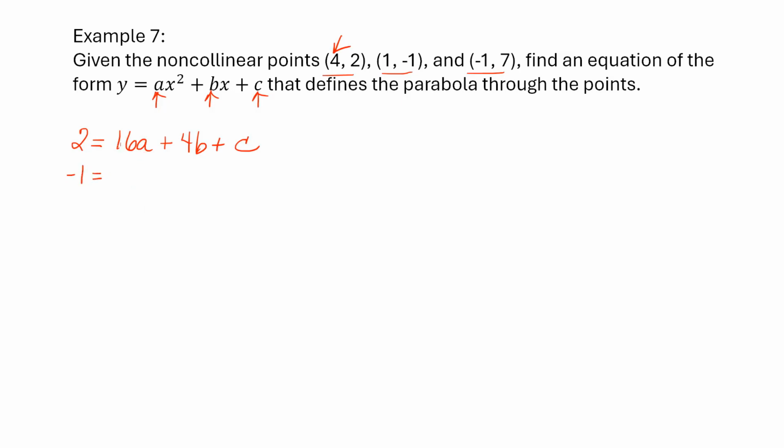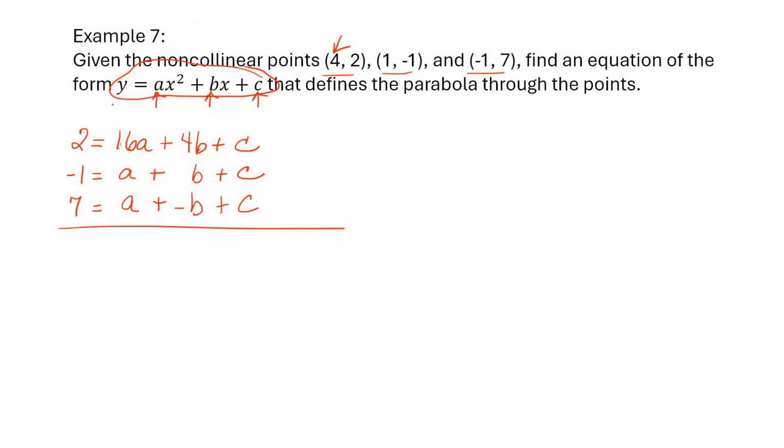X is 1, so we have 1a plus 1b, and c is just c. All right, now we're going to put in the third point, (-1, 7). So y is 7 for that point. And we have negative 1 for our x, so negative 1 squared is 1, so we just have a again. And then -1 is x, so we have minus b here, and c is just c.